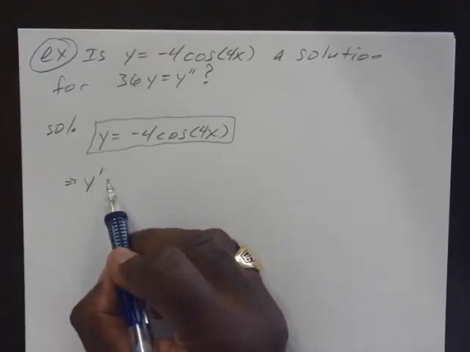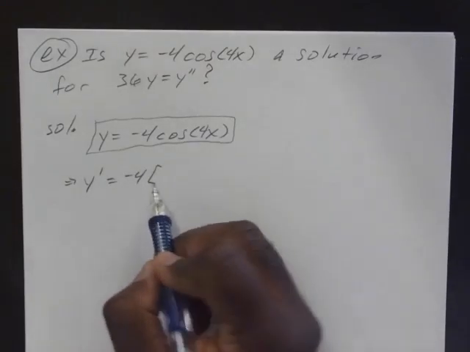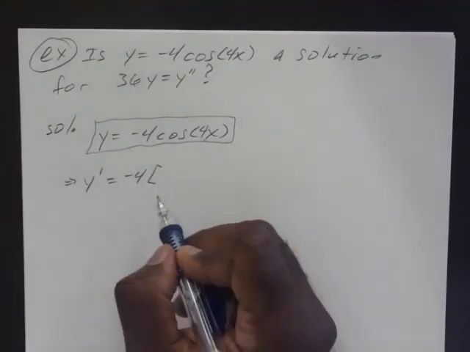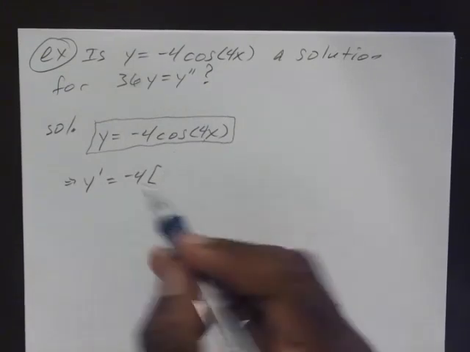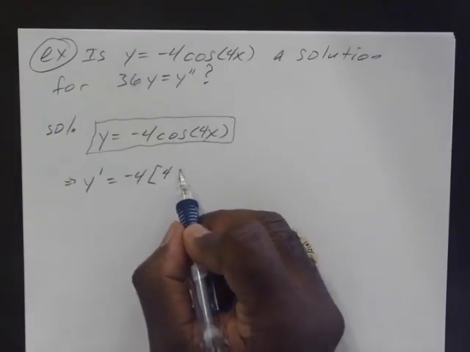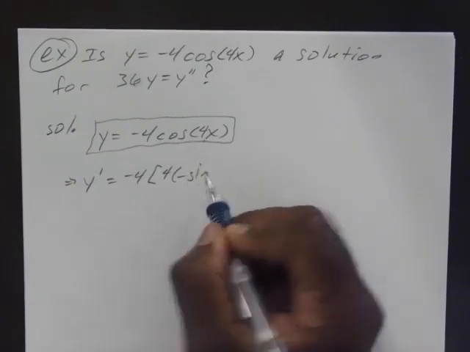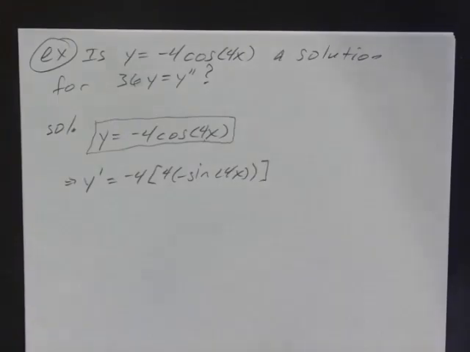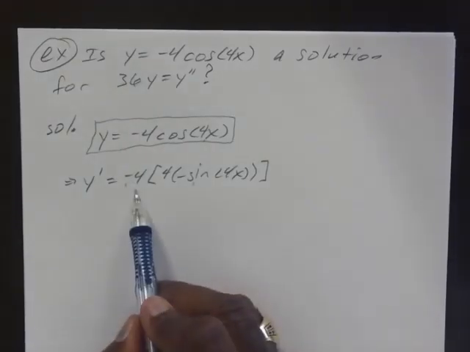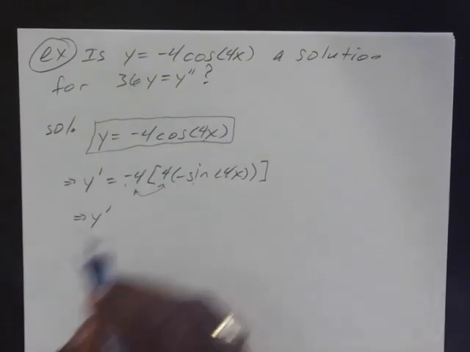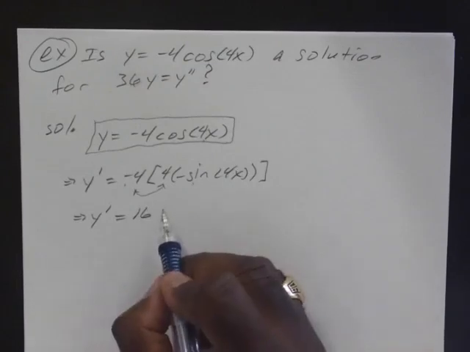And the first derivative is equal to negative 4 times the derivative of cosine of 4x, which is 4 times negative sine of 4x. Well, negative and negative is positive, and those two 4s multiplying together, we get y prime is equal to 16 times sine of 4x.